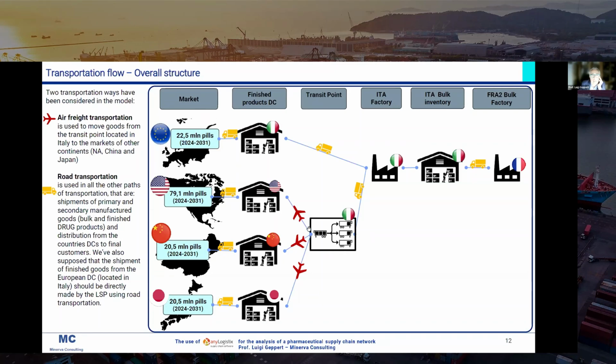We have air freight transportation from Italy to the different DCs located overseas, worldwide. Instead, the European market is served through a DC located in Italy, as I said before, and served through a truck. So we have road transportation and air freight transportation.